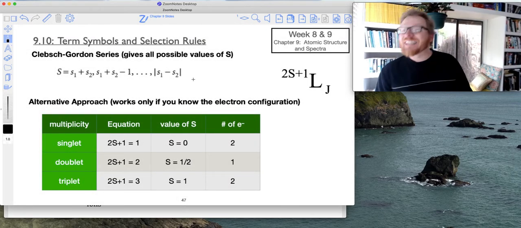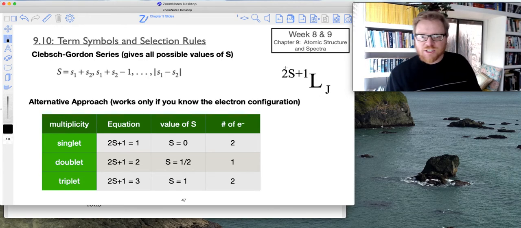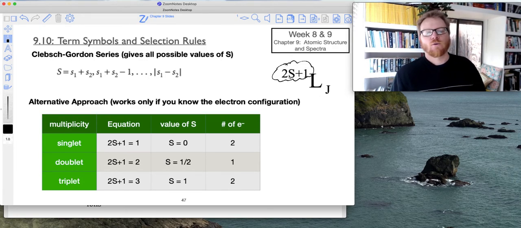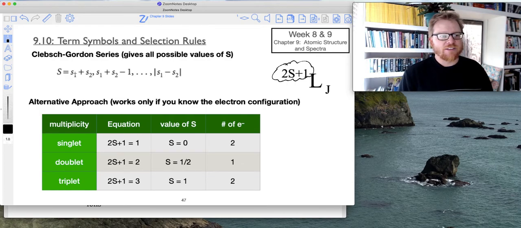So multiplicity, which is this chunk right here. Okay? And there's a couple ways that I like to do this. So for one, here's our Clebsch-Gordan series, right? And these little s's correspond to the electrons, okay?